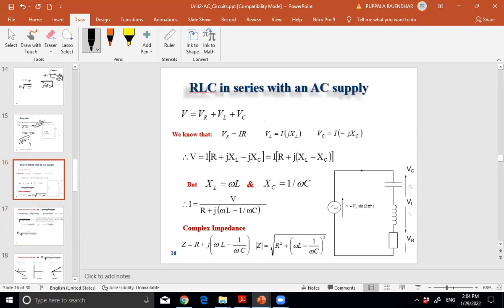So this is for the series RLC circuit. This is resistance R, L, and C. If three components are connected, then Z is equal to R plus J into XL minus XC. We will get this from the derivation, by applying KVL in this circuit.